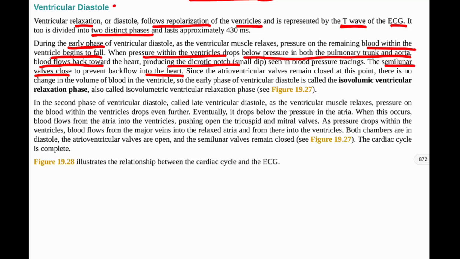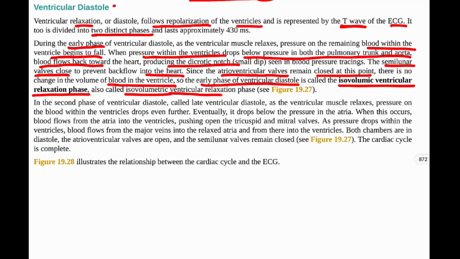Since the atrioventricular valves are closed at this point, there is no change in the volume of blood in the ventricle. So the early phase of ventricular diastole is called the isovolumetric ventricular relaxation phase.